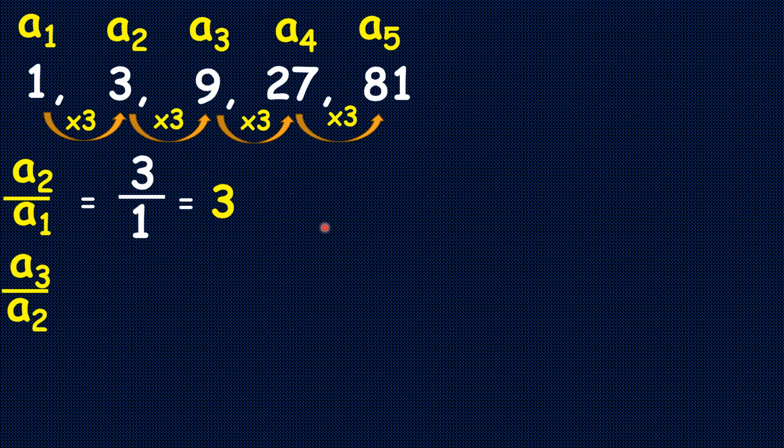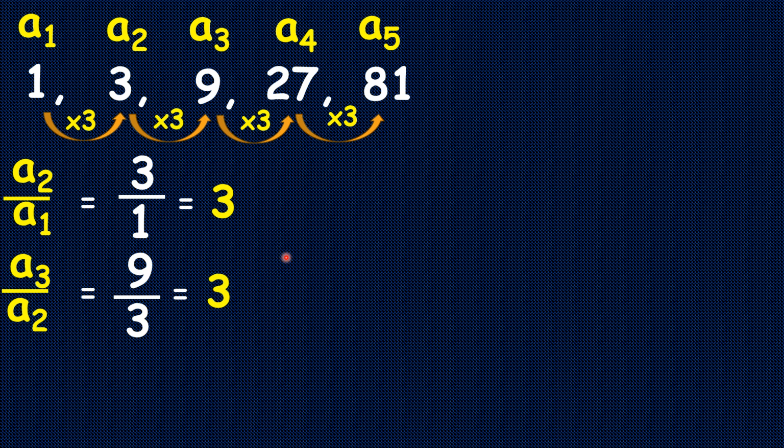We'll look at the next set of terms. We'll say A3, which is 9, divided by A2, which is 3. What we're saying invariably is third term divided by second term. And that is 9 over 3, and we have 3.